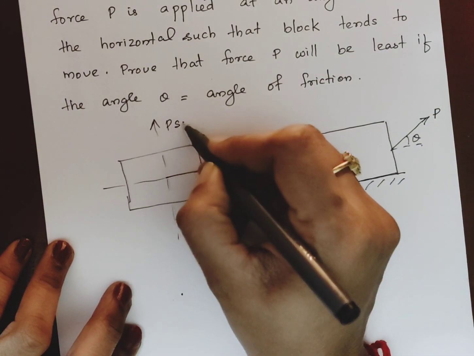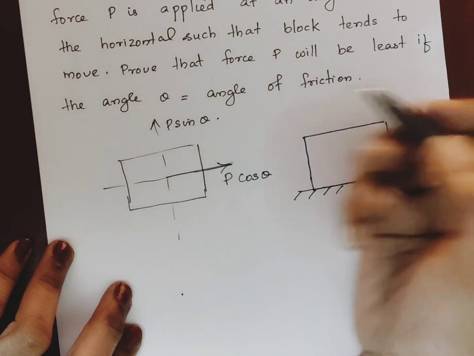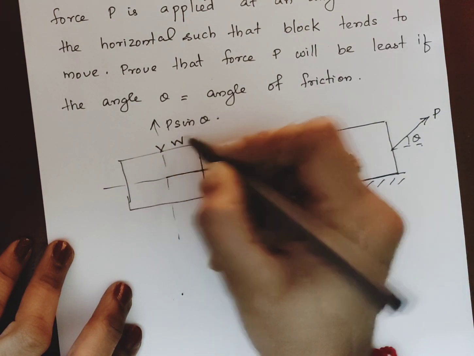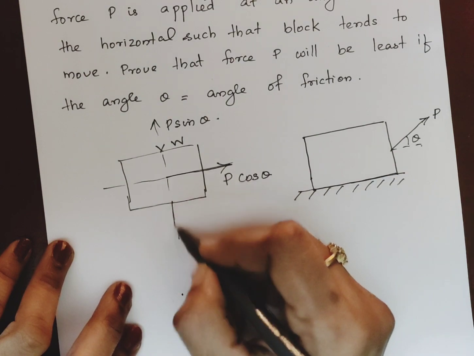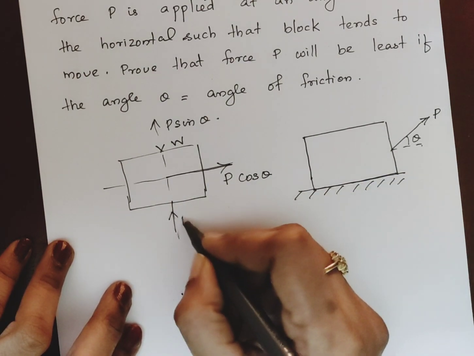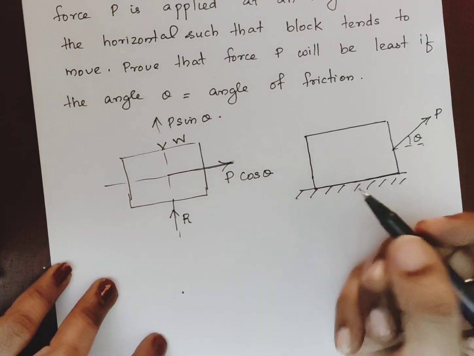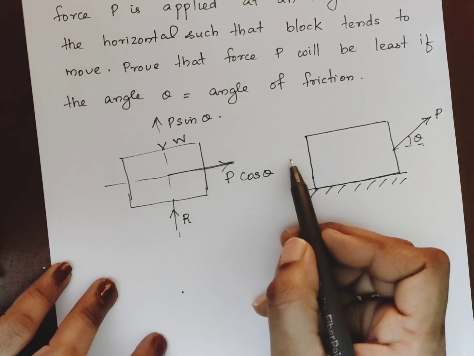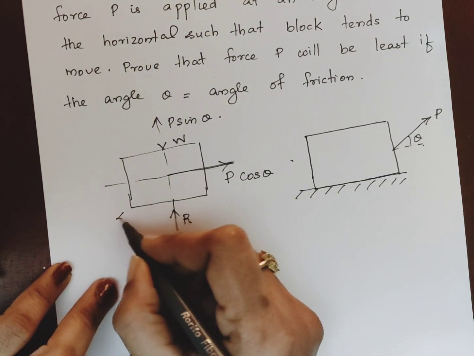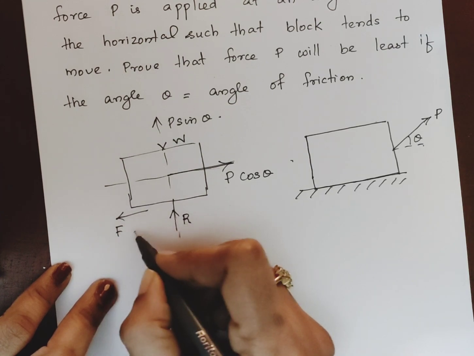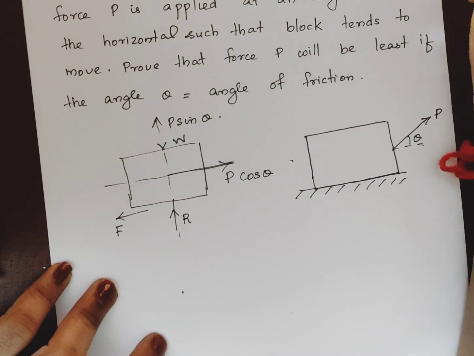Weight of the block is assumed as W, and there will be reaction exerted by the surface, that is represented as capital R. So this is the direction of movement of the block. So friction is acting towards the opposite side.